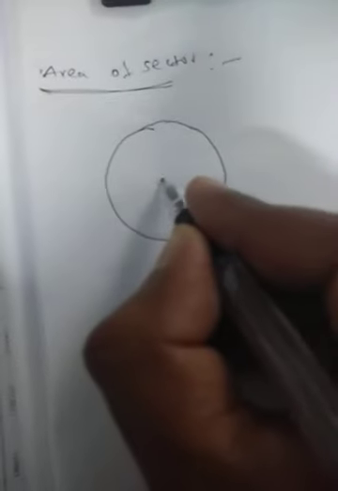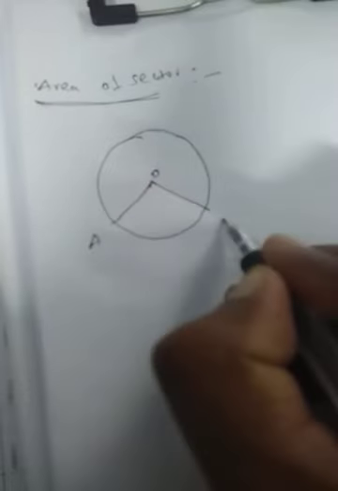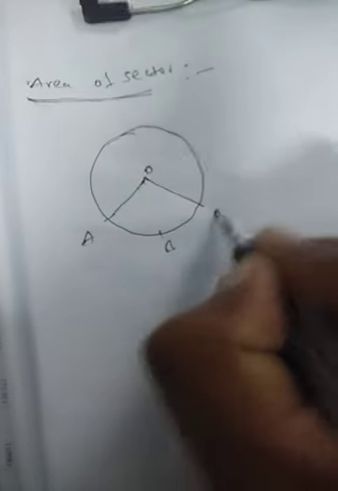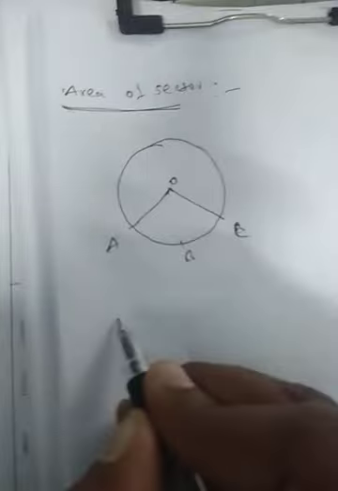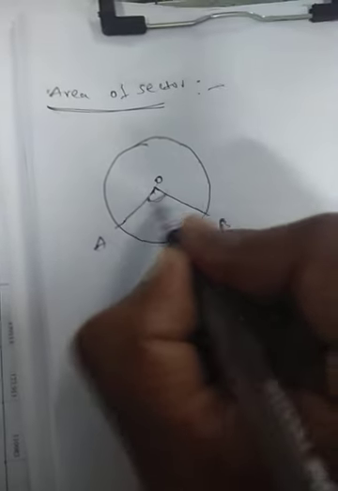If I want to calculate the sector, some O, A, B, or some B, C, something like this. If you want to calculate the area of this minor sector, if the central angle is some x degrees, and in general the central angle of the full circle is 360 degrees.